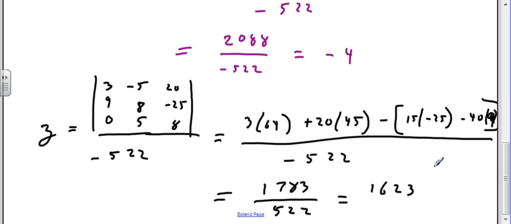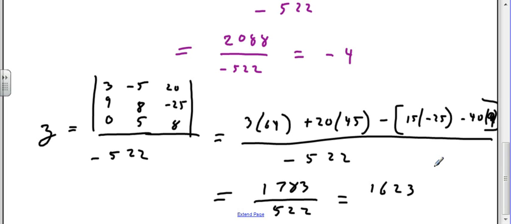3 times 64 plus 20 times 45 plus 15 times 25 plus 40 times 9 equals. Wow, how could I get that? I know how I got that. I put in 33 times 64.